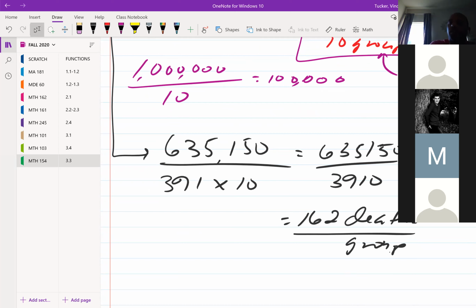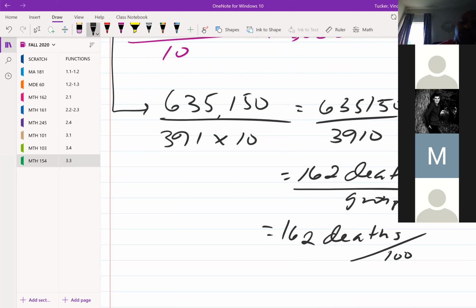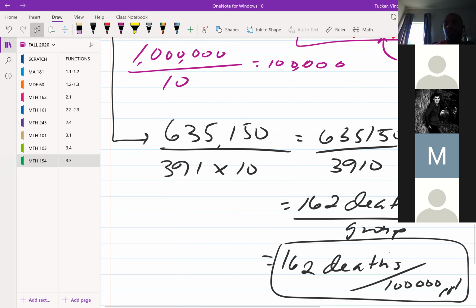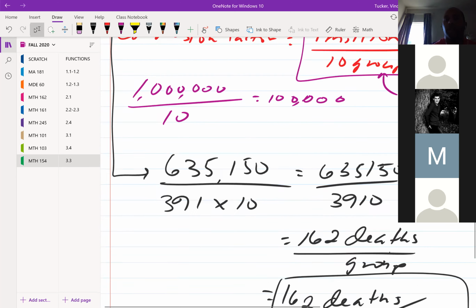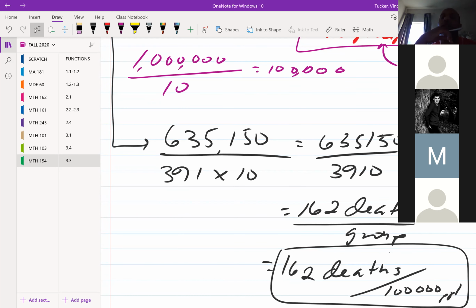And like I said, one group equals 100,000. So that's how we would look to convert that. All right, questions on what we did?